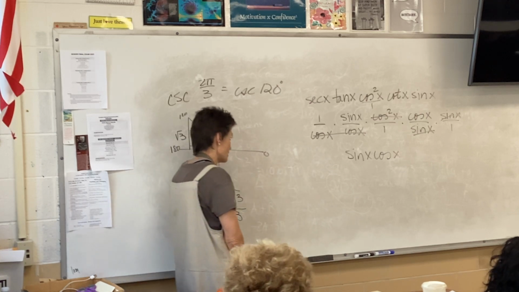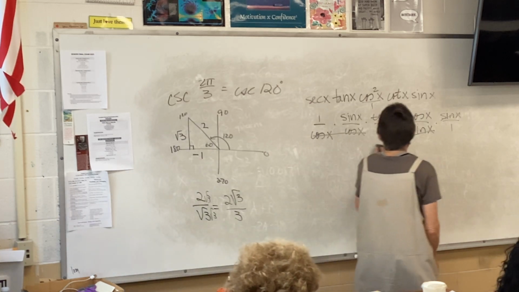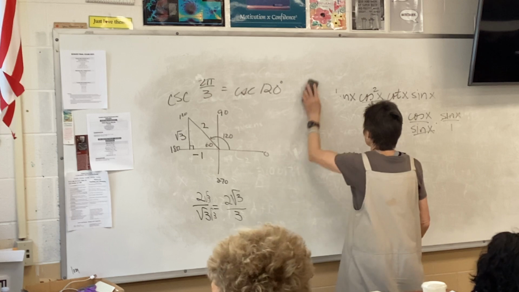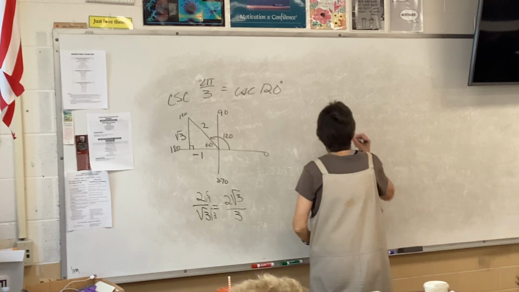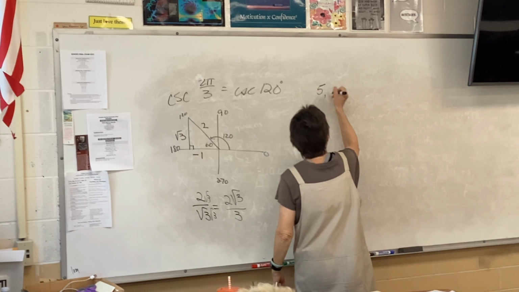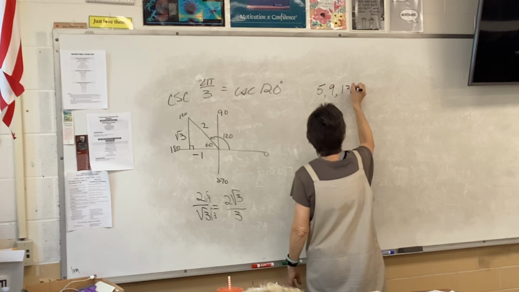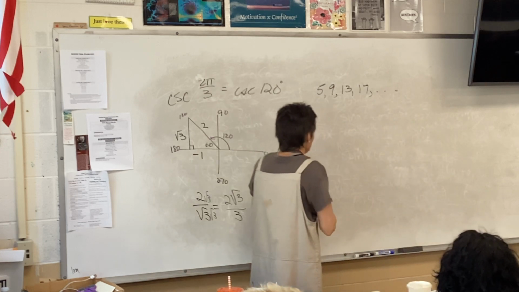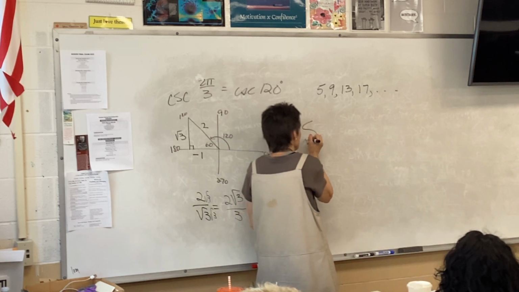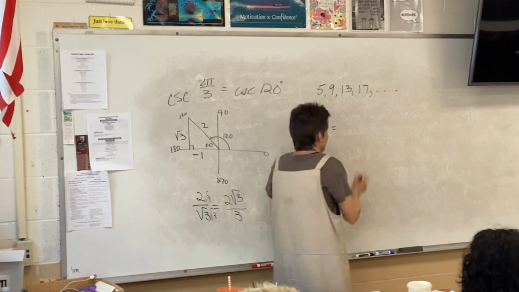Okay. So, you have some kind of a sequence of numbers, like, I don't know, 5, 9, 13, 17, and so on. And we want to find the sum of the first 29.